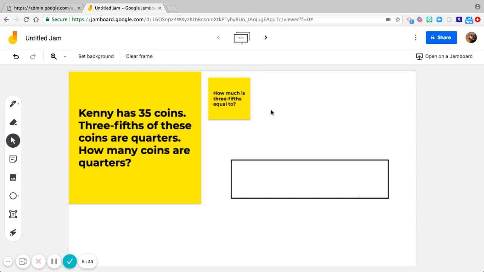Cool. So another question that came up was, a certain amount of these coins are quarters, then how many remaining coins are there? How many coins are there that aren't quarters, right? That's an interesting question. So let's post that one.